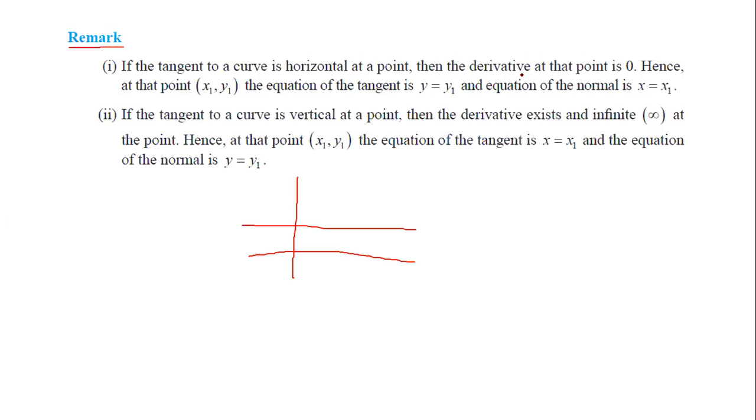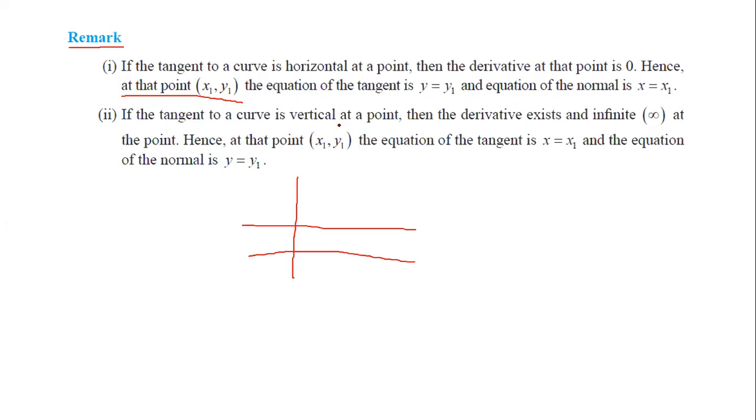It is in the same direction. Hence, at the point x1, y1, the equation of the tangent is y equal to y1, and the equation of the normal is x equal to x1. So you have to remember this point. At the point x1 comma y1, the equation of the tangent is y equal to y1 and the equation of the normal is x equal to x1.